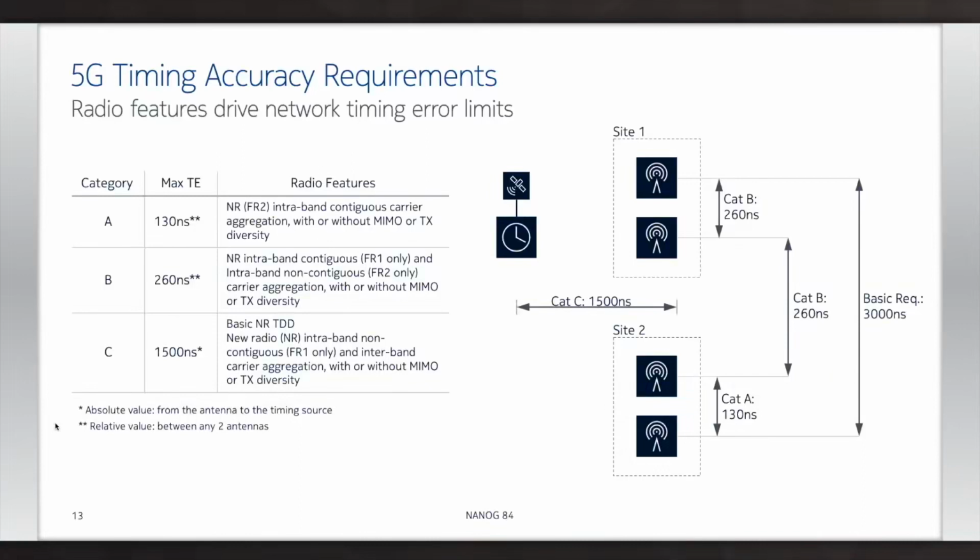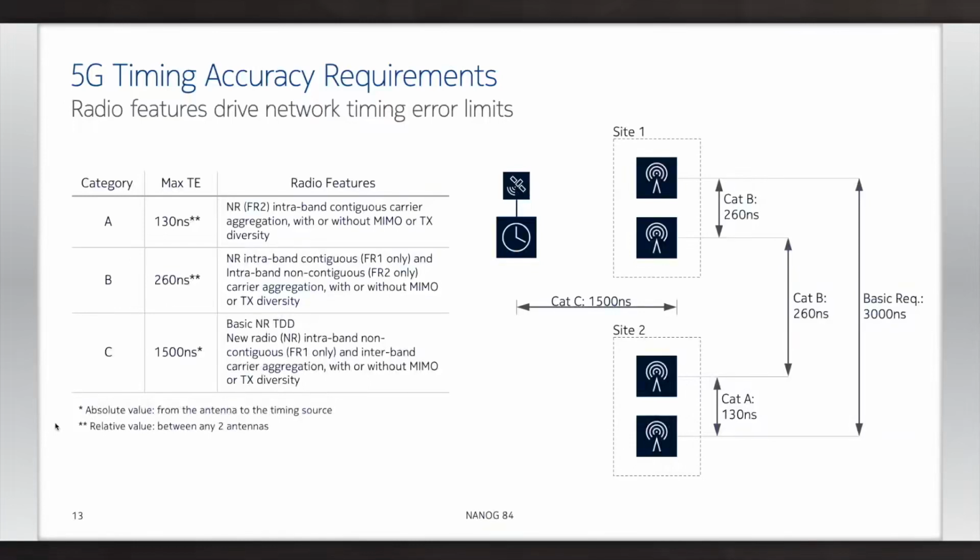You see some of the radio features. The basic 5G TDD requirement just needs this absolute number, absolute meaning from the radio antenna all the way to the time reference. Now, when we start looking at more advanced functionalities in the radio, we have two other categories.